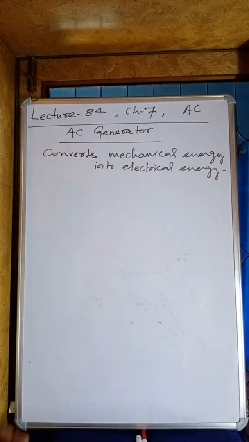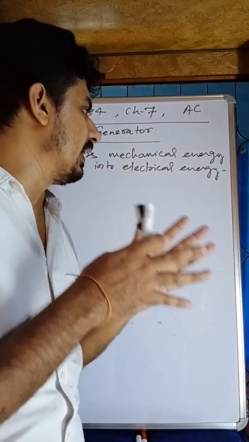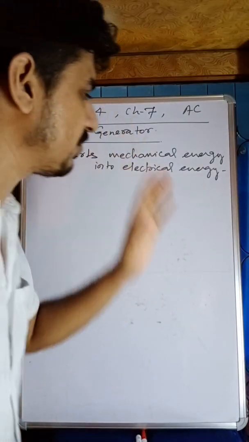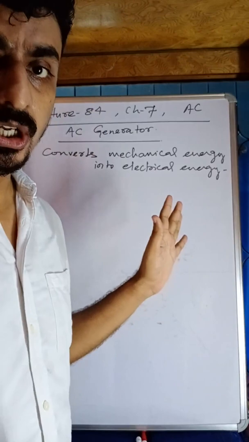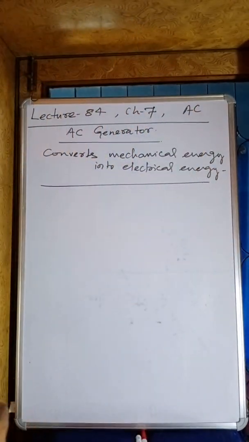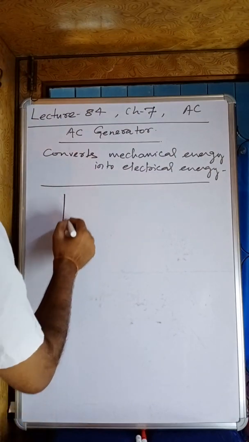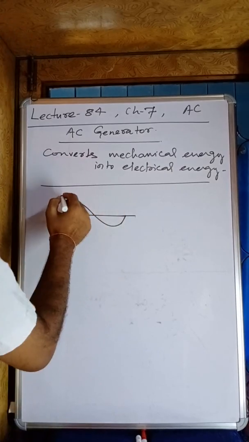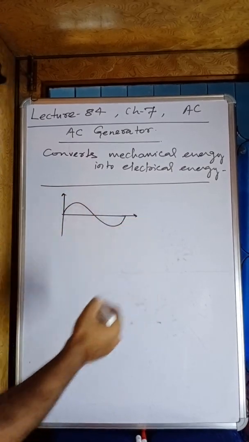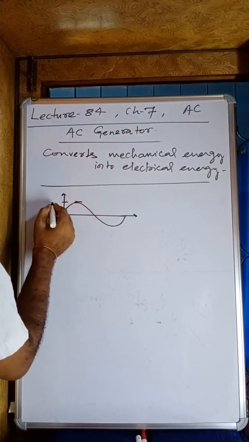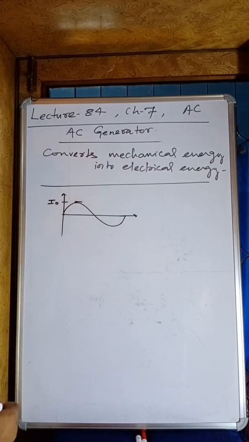Now, on which principle does this actually work? Remember, as I have told you, because DC was very expensive, the AC generator was considered a great research. Let me discuss a few things. Suppose this is the AC graph, in which this is the peak current, the peak value.